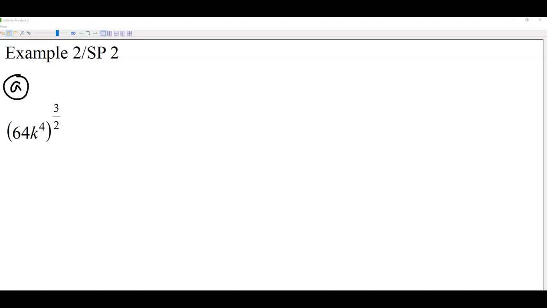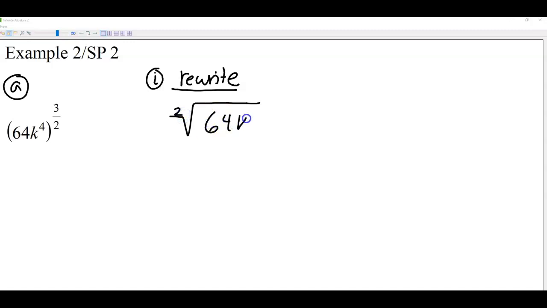All right. So step 1 is going to be to rewrite it. So we're going to do a radical. What number goes here? 2. And the 64k to the 4th goes here.